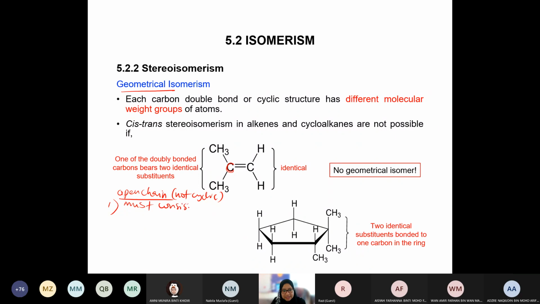Must consist of C double bond C. Syarat kedua, okay, any of the carbon that is doubly bonded must not bear, ataupun attach to, identical group. Dia tak boleh.